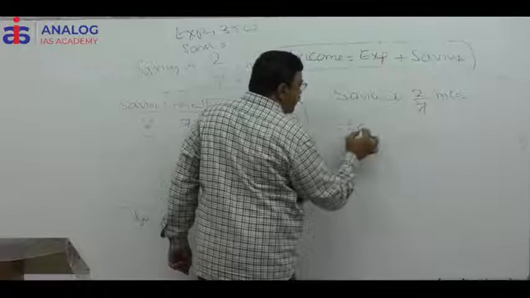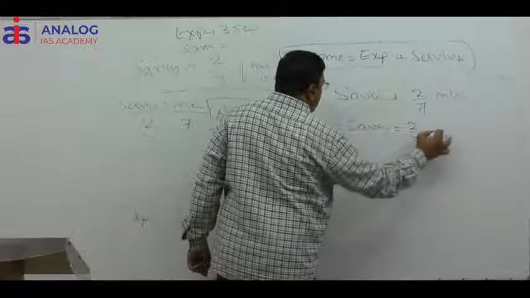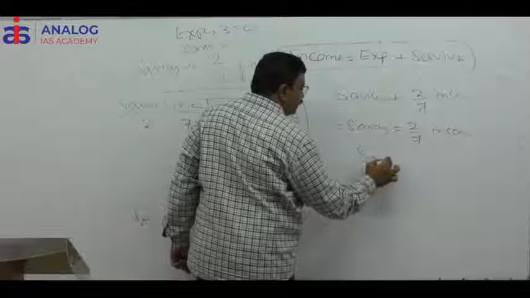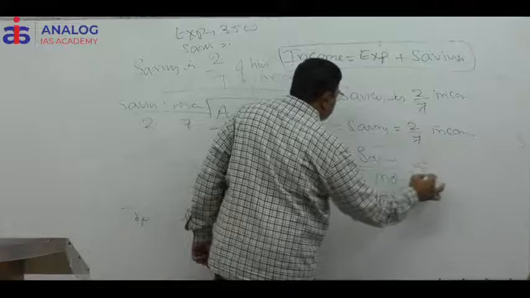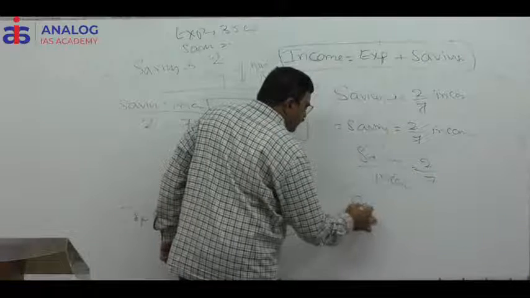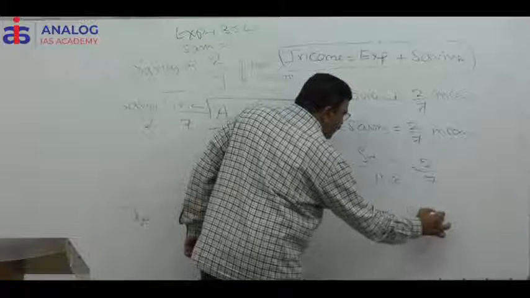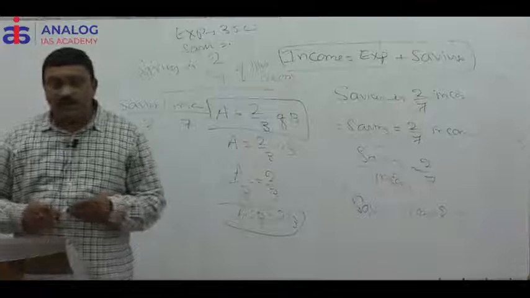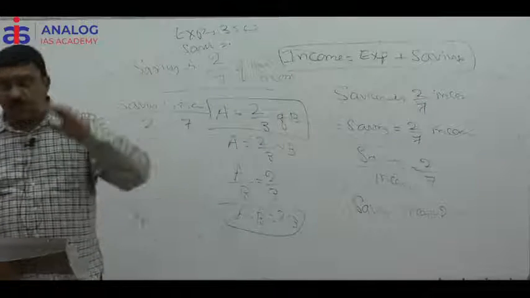Means savings is equal to 2 by 7th of income. Savings by income ratio is how much? 2 by 7. Just for one time you write like this. Savings is to income is equal to 2:7. That's all. Without giving all these things, they'll say it like that. So ratio can be given in fractions.